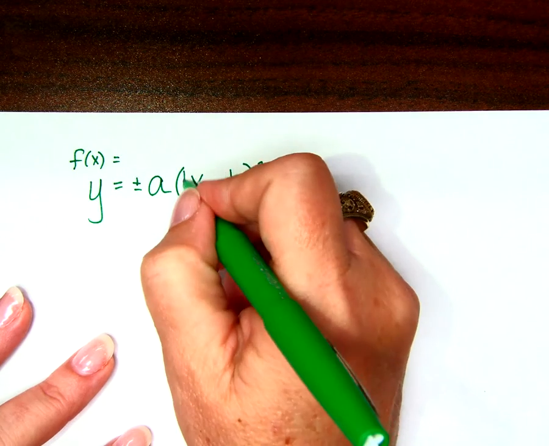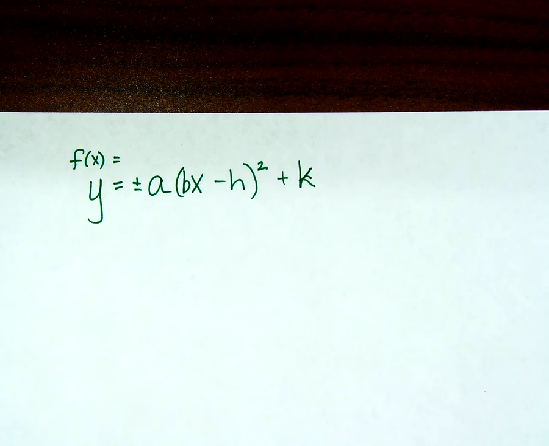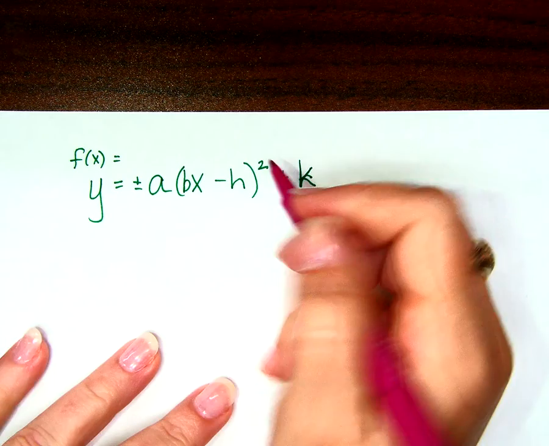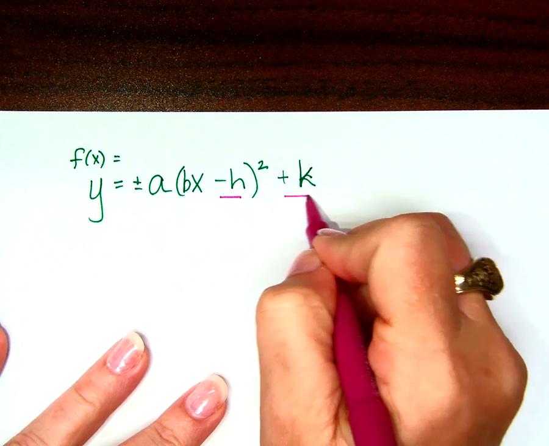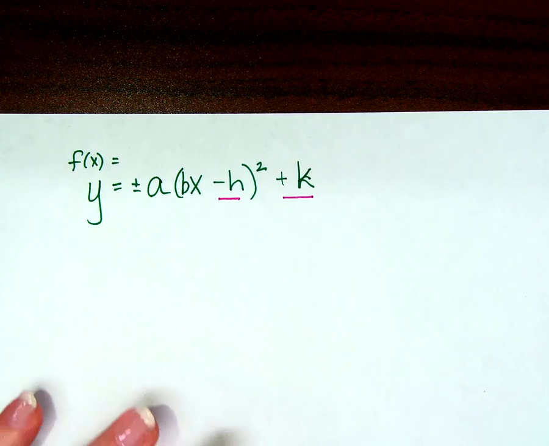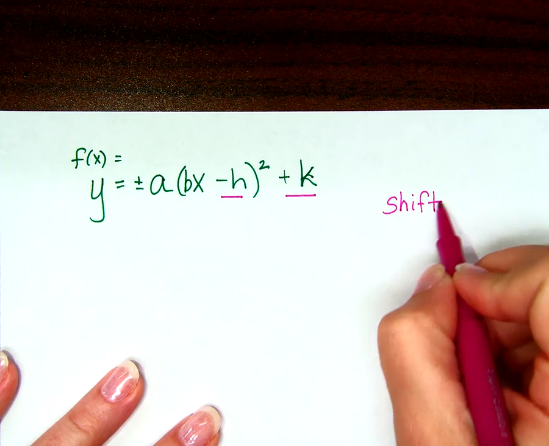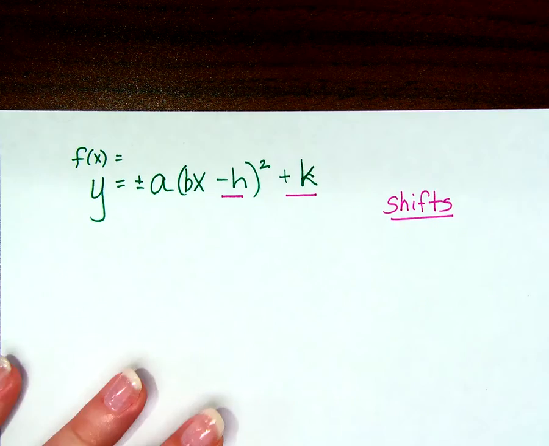Sometimes there's a b right here, and I think we should probably talk about that just in case. So when we have something being added or subtracted, both of these two terms right here, h and k, are things being added or subtracted. Those cause shifts.